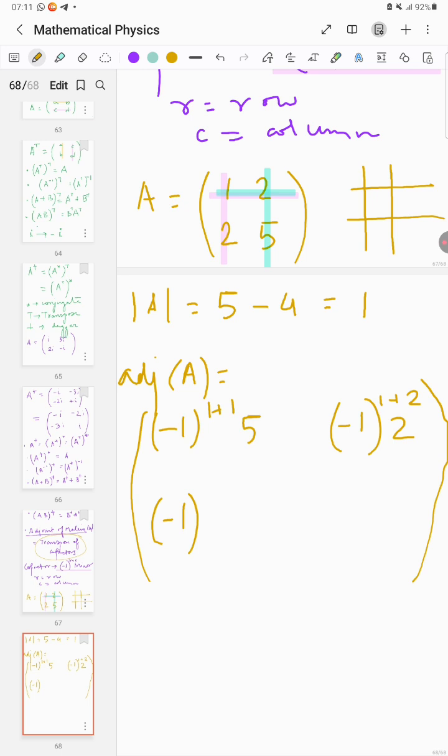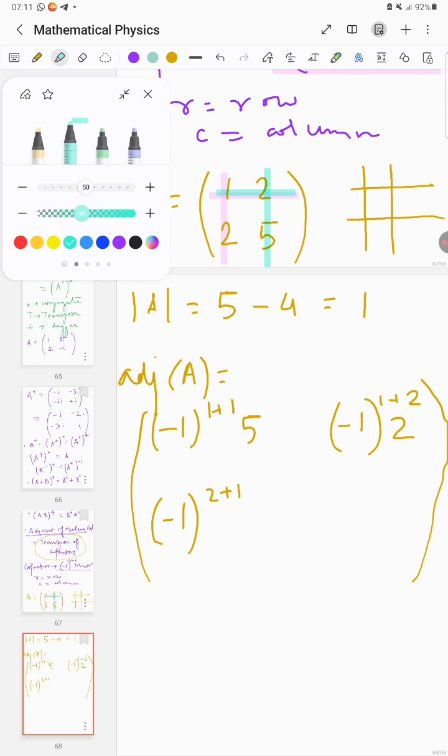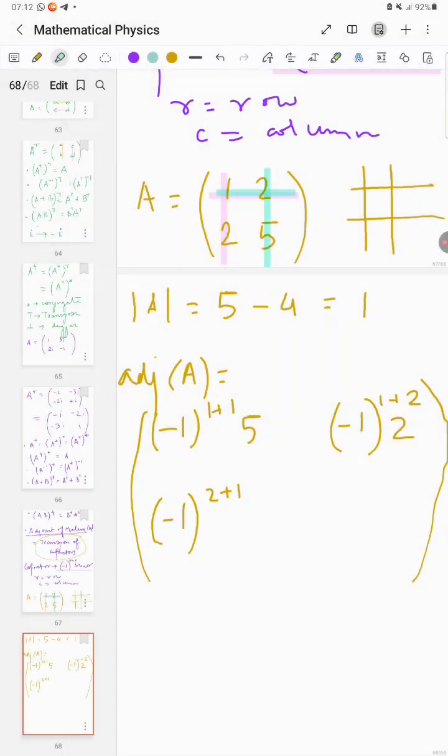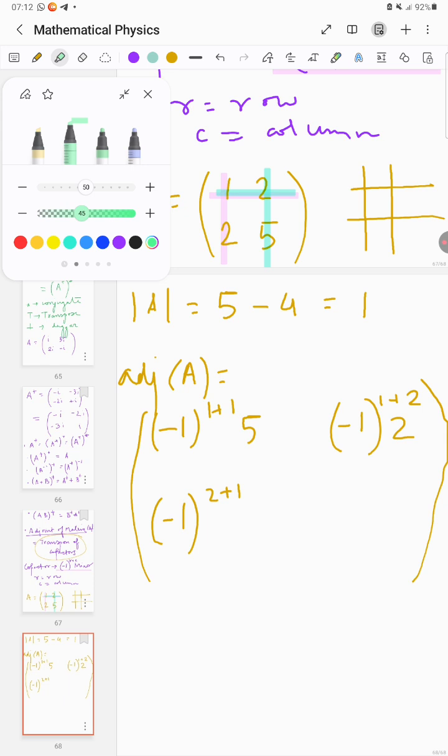So it will be minus 1 to the power 2 plus 1, because it belongs to the second row but first column. And again, if we apply a similar thing here, right?